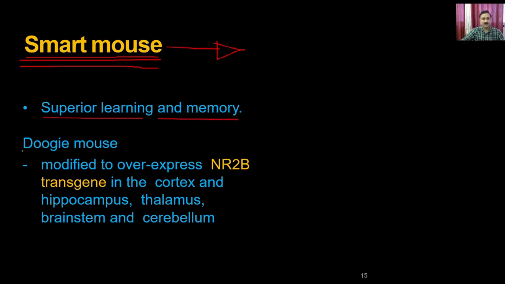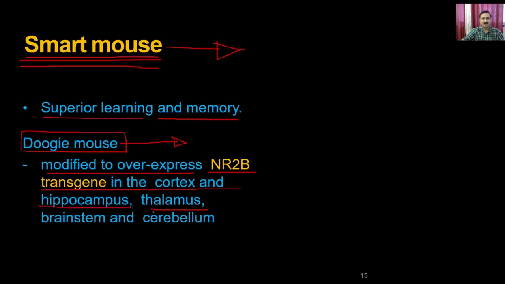One of the mouse models doing this is called the doggy mouse, and it is modified to overexpress the NR2B transgene in the cortex, hippocampus, thalamus, brainstem, as well as the cerebellum. Once this transgene is expressed in all the different parts of the brain, it provides the mouse with superior learning as well as memory power.